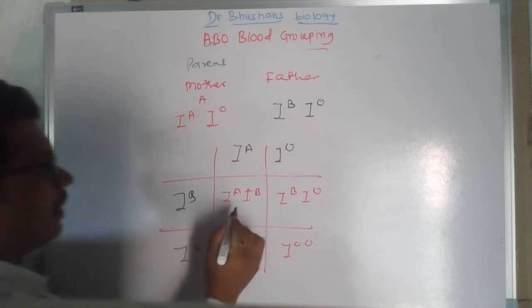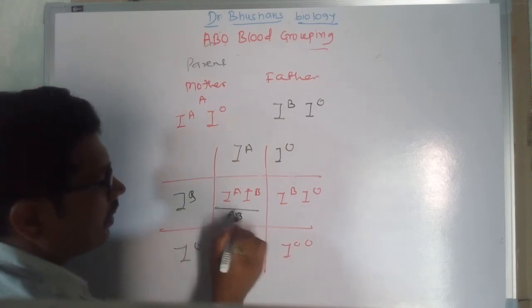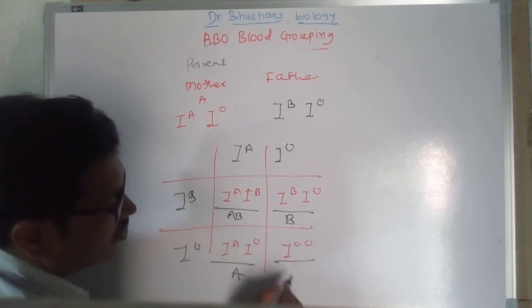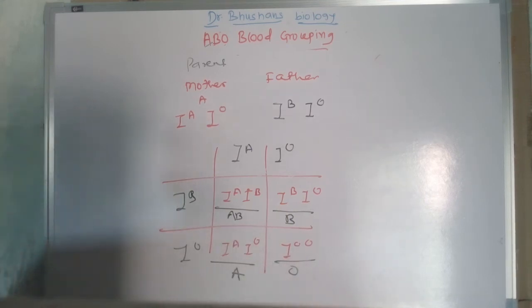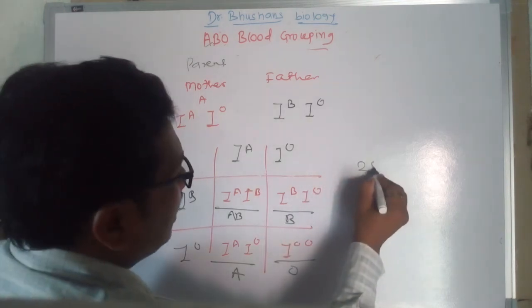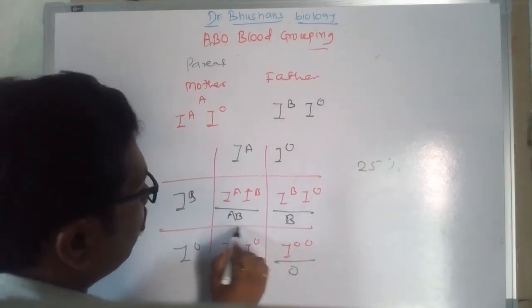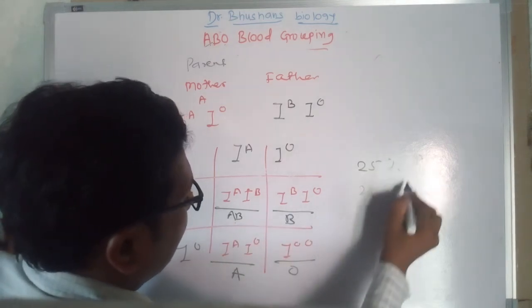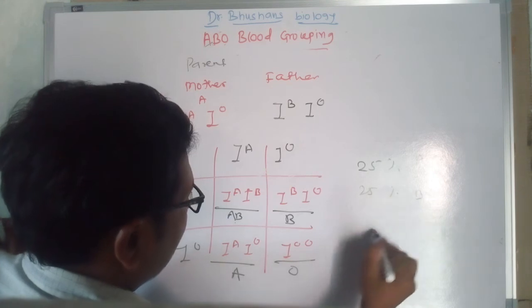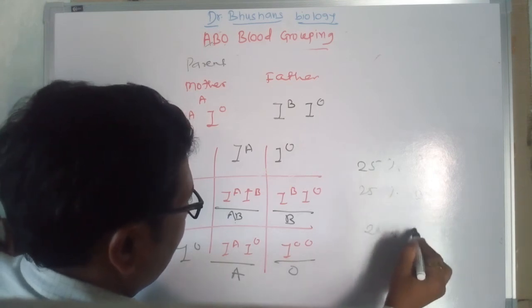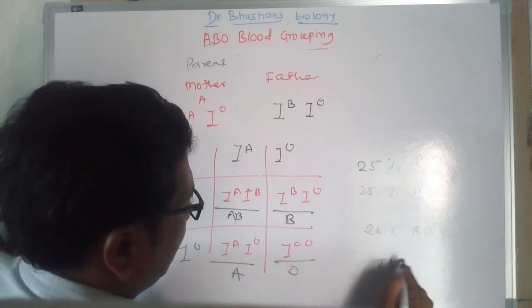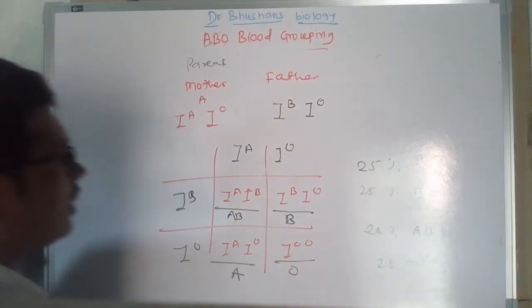You can see this is AB blood group, this one is B blood group, this one is A blood group and this one is O blood group. So the chance of every blood group is 25% A, 25% B, 25% AB and 25% O blood group.